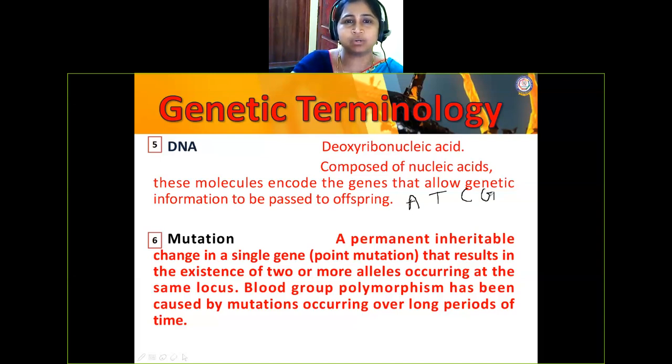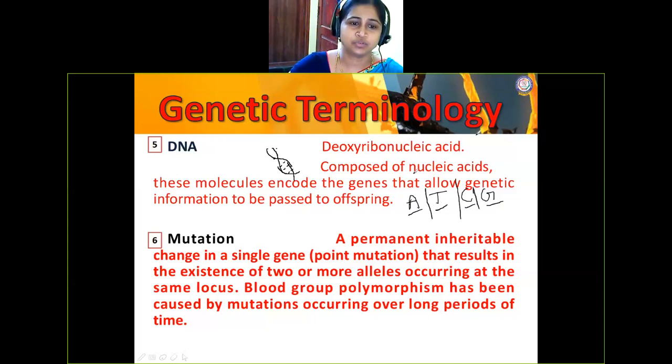As I'm introducing the terms, I'm touching the other areas also where it is involved. The DNA is a double helical structure. It is composed of codons like this. The codons are nothing but A, adenine, T, thymine, C, cytosine, G, guanine. In a simple term, A, T, C, G.